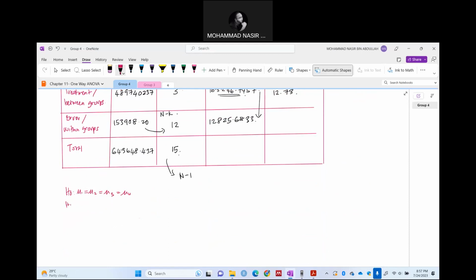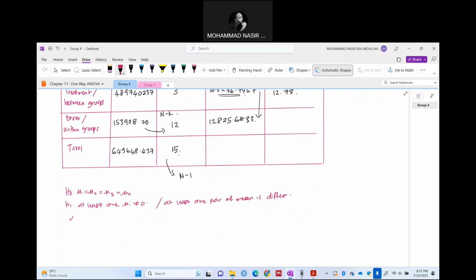So alternative hypothesis, at least one mu i is not equal to 0, or in other words, at least one pair of means is different, right?